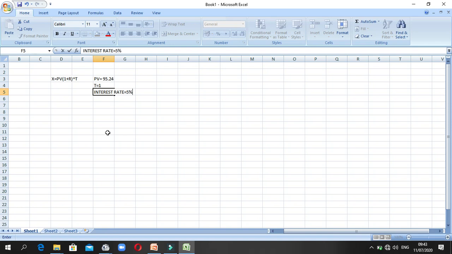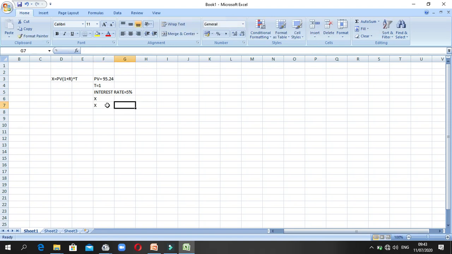So we want to get X. We are discounting, so where does this X come from? That means we are going to use this formula.